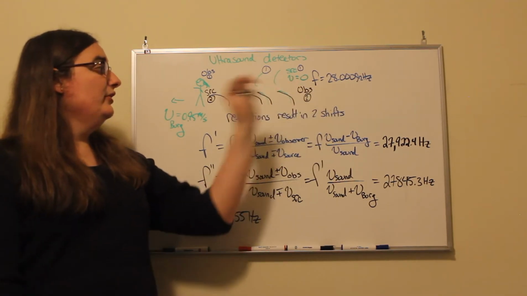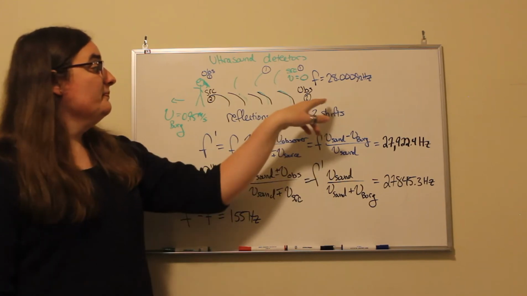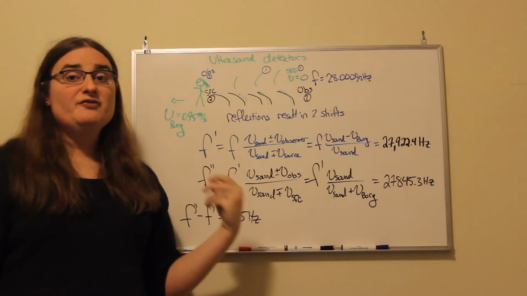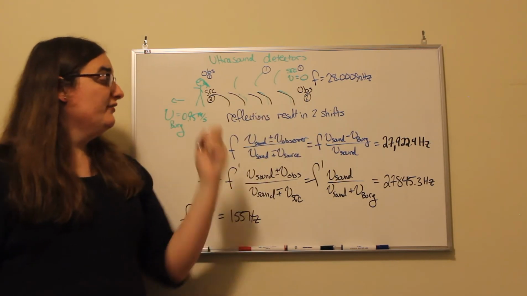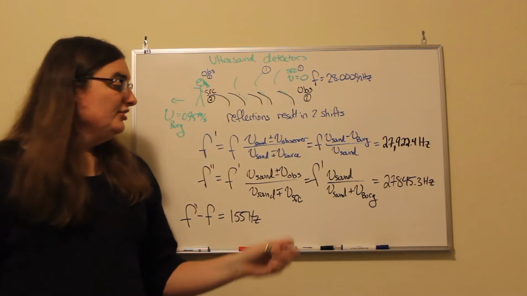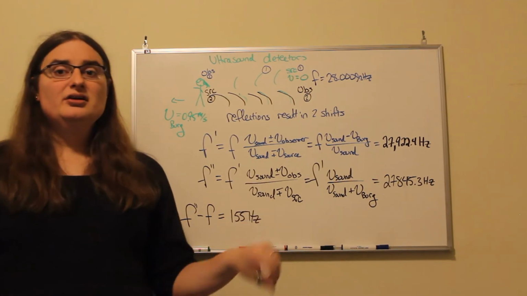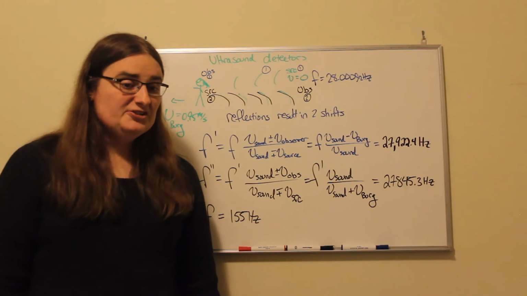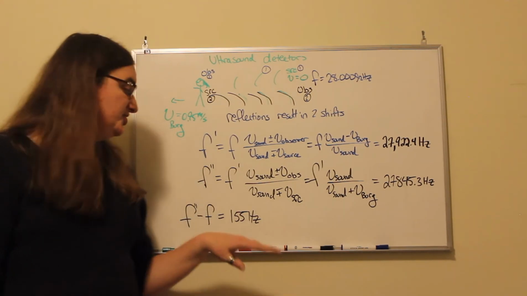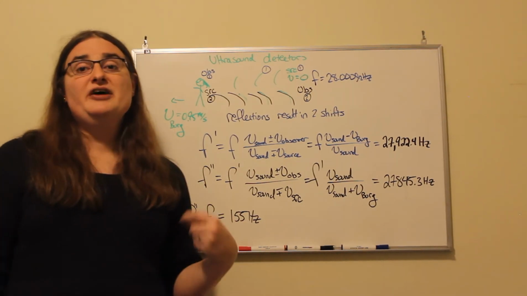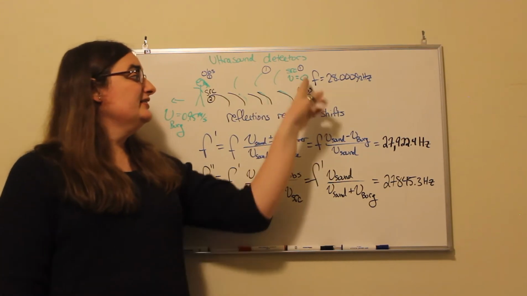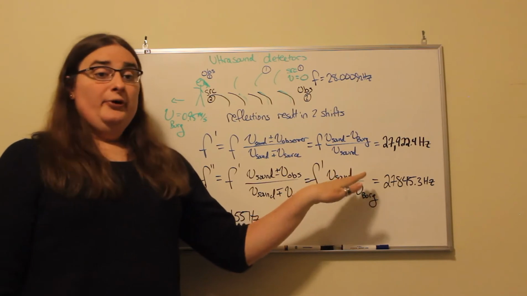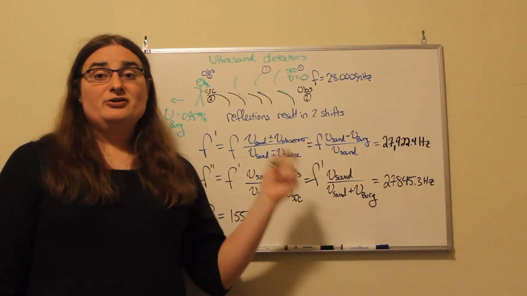So in the case of ultrasound, if you were to be in this scenario, continuously moving at 0.95 meters per second directly away from that alarm, then you would hear the difference in the frequency that is being produced by your reflection. There'd be a 155 hertz beat detected by that alarm.